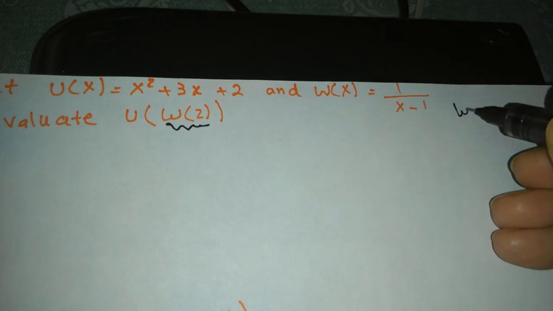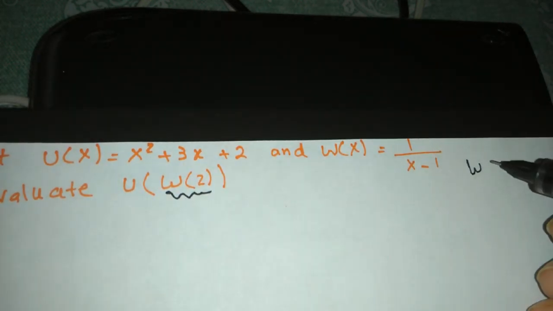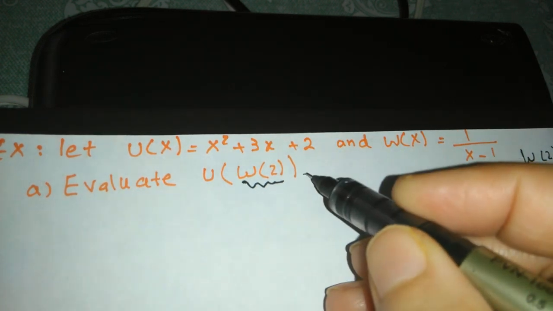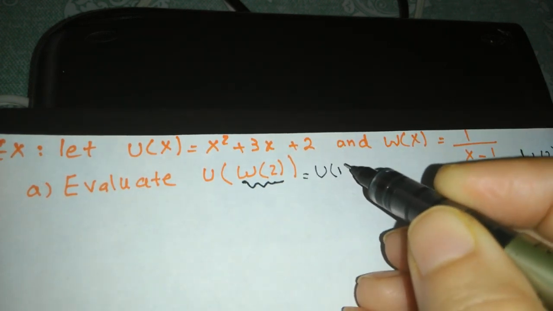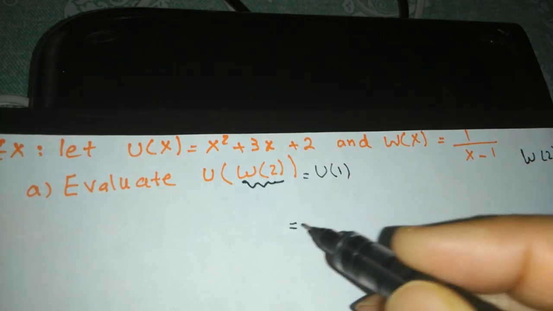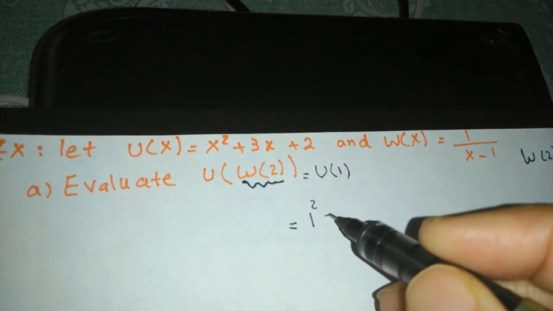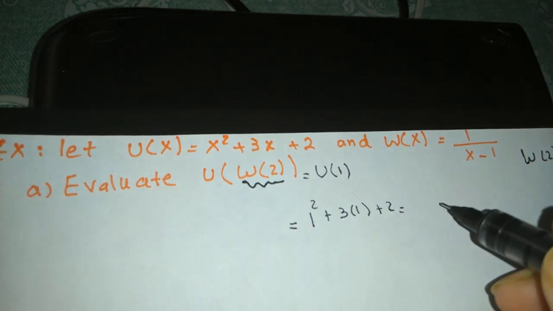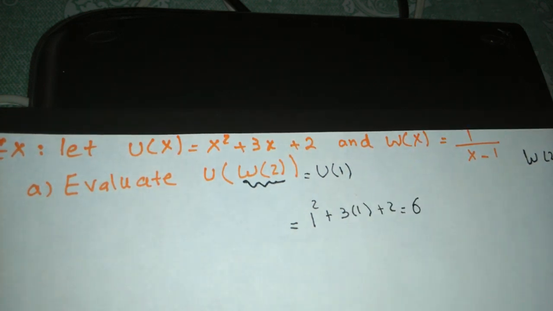I want to find w of 2. It means instead of the x, I substitute 2, which is 1. So w of 2 is going to be 1. Then I just need to find u of 1. It means instead of the x here, you just sub 1. It's going to be 1 power 2 plus 3 multiplied by 1 plus 2. It's going to be 6.